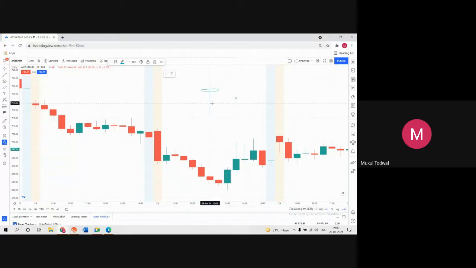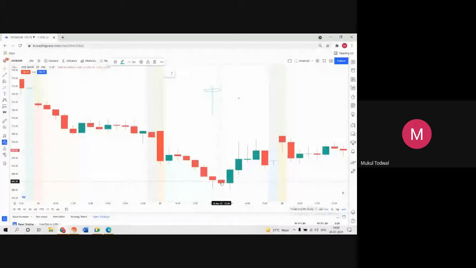Over here you can see that open and close are pretty close to each other, and the lower shadow of the candlestick is big. This is known as a doji candle.